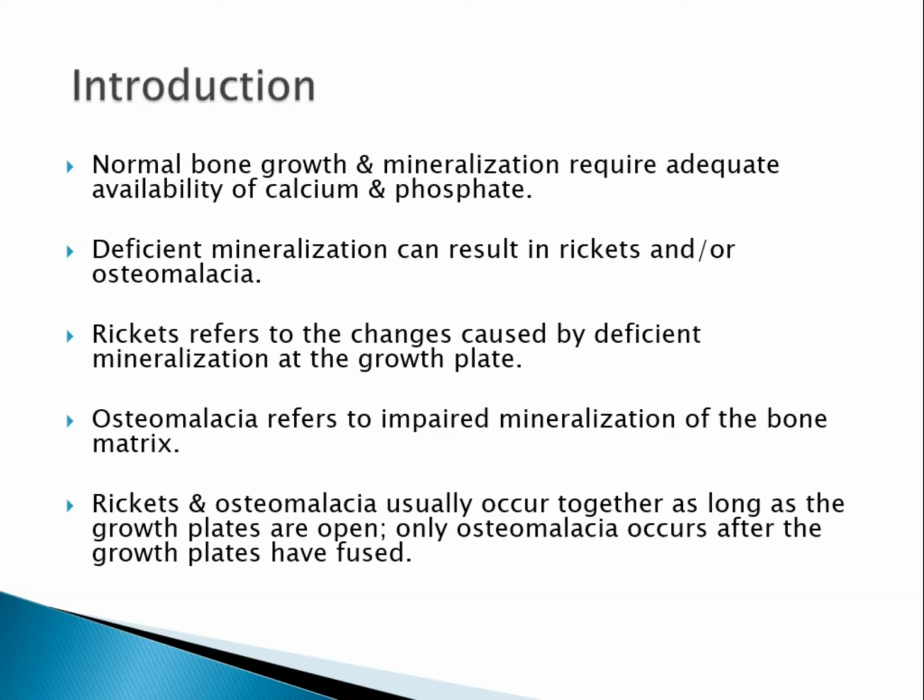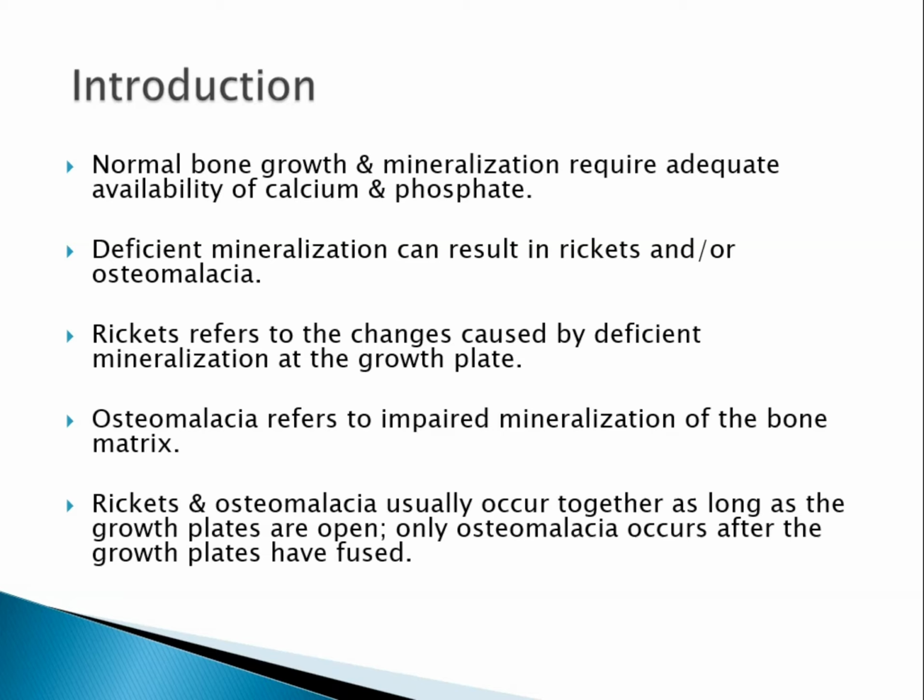Normal bone growth and mineralization require adequate availability of calcium and phosphate, since calcium and phosphate are the main inorganic compounds required for normal growth and mineralization of the bone. Deficiency of these minerals can cause rickets in children or osteomalacia in adults.